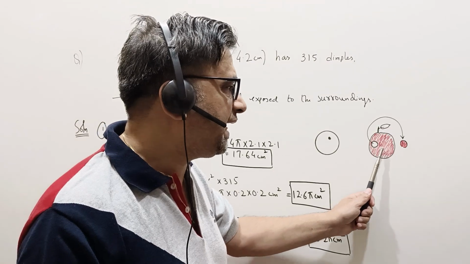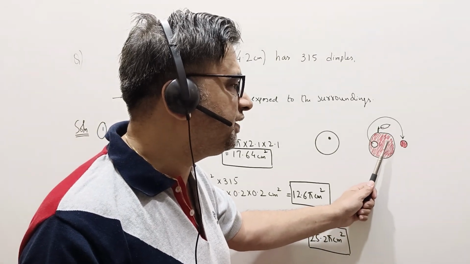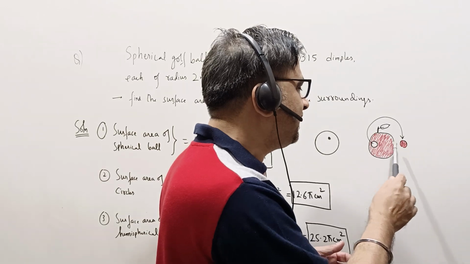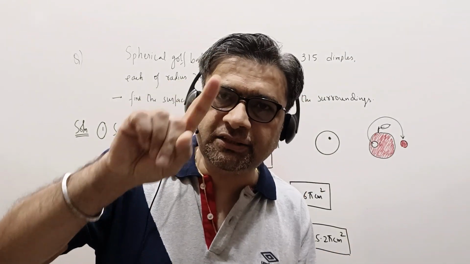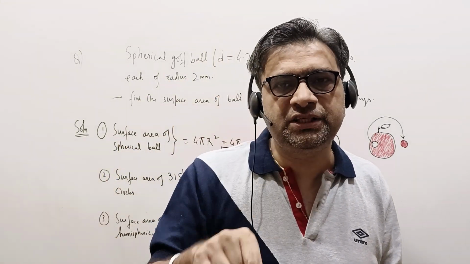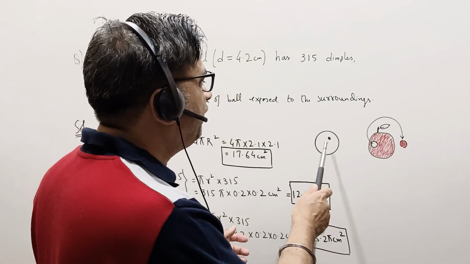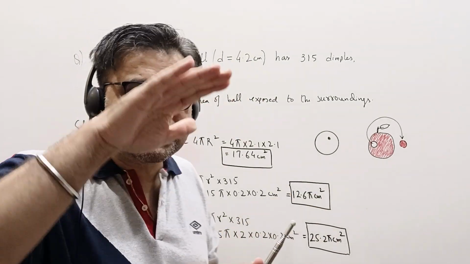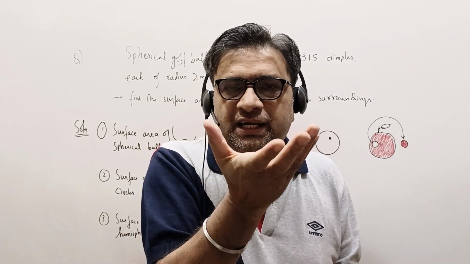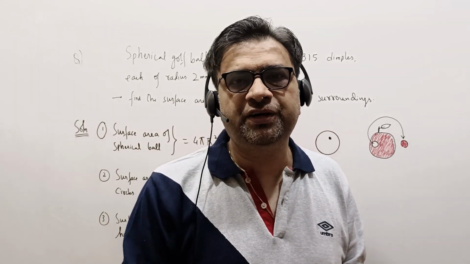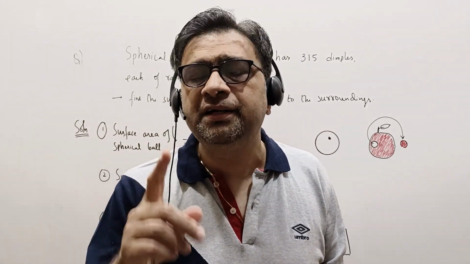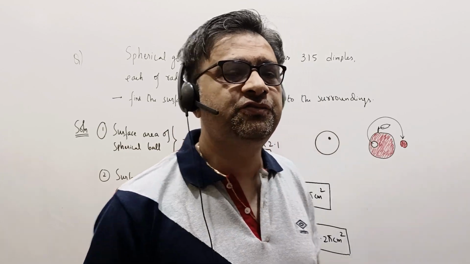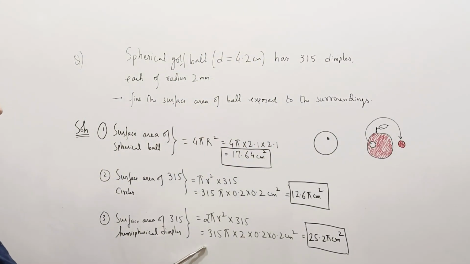In the case of the apple, if there are 315 such bites, then for every bite, whereas we have lost the skin, we are gaining the surface area of the pulp. Similarly, over here we have lost 315 circles, but the hemisphere inside is getting exposed for every dimple. And how many dimples are there? 315. So we are gaining the surface area of 315 hemispheres, and that's what we have here.